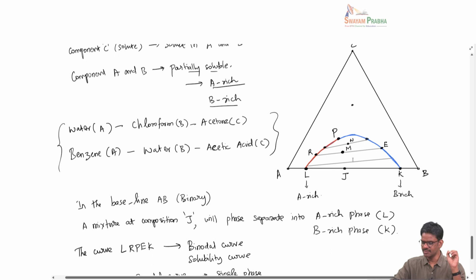Again, everything is determined by thermodynamics of the system. So in some compositions the slope also can change. It is not necessary that the slope will be constant or fixed. It has to come from experimental or thermodynamic calculations, from which the tie lines are drawn.